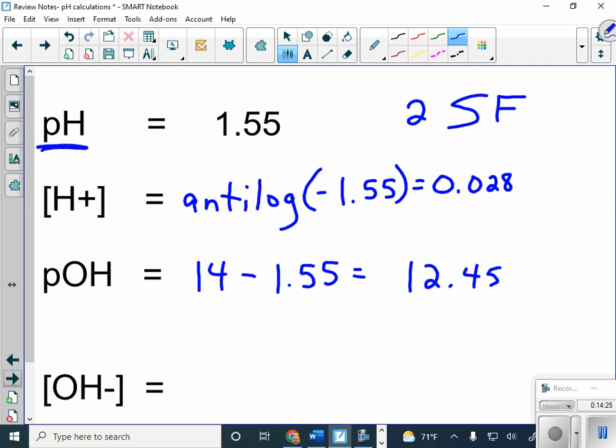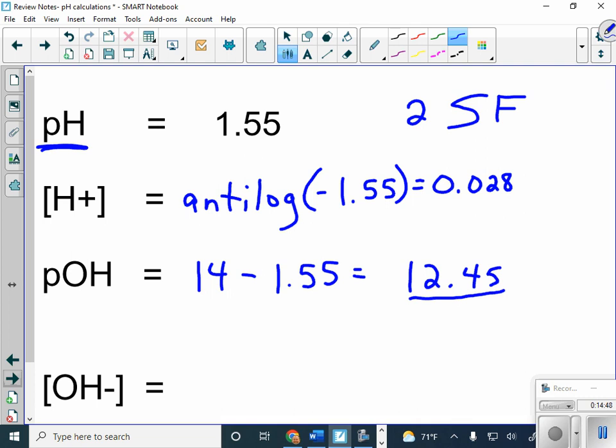Now, does that value right here have 2 sig figs? Are there 2 sig figs there? Yes, there are. Yes, Olivia. Yes.